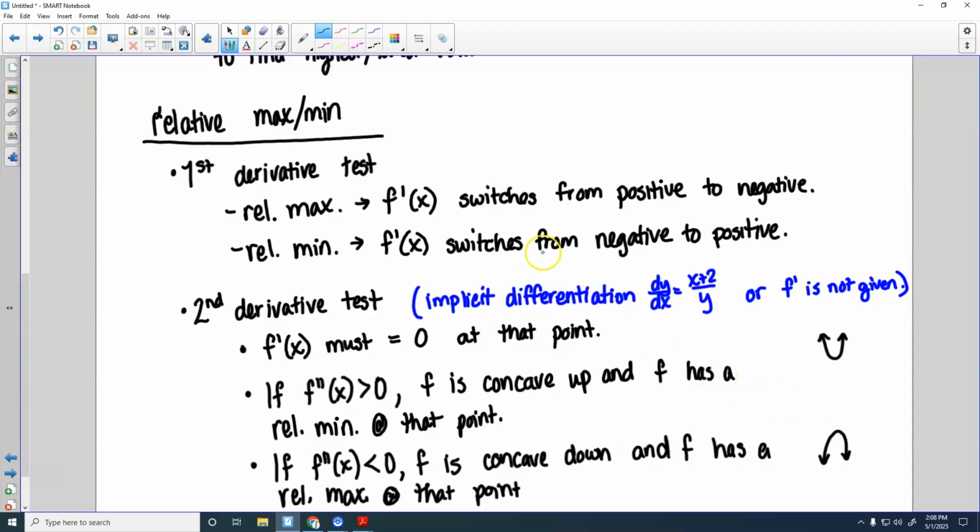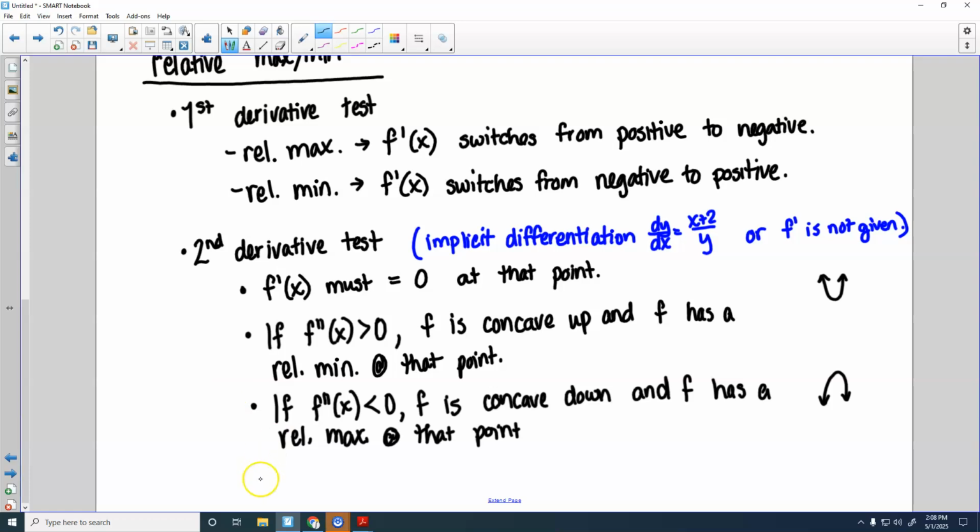And if the second derivative equals 0, you have to use the first derivative test.